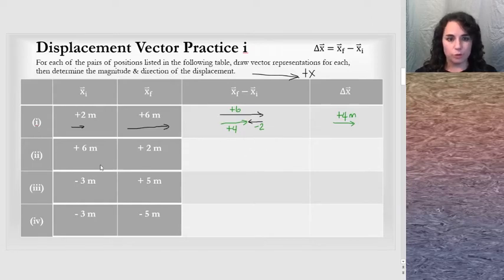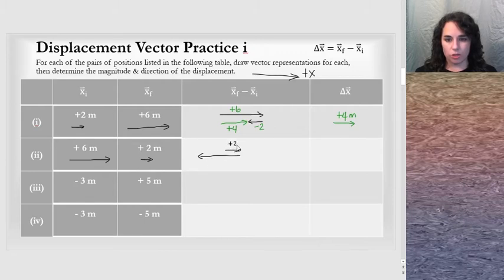Okay, so that's using vectors to do that. We're going to do some more practice here just to get used to it. I have a plus 6 vector and a plus 2 vector. I just rearrange those two. And it makes sense if I start at 6 and go backwards to 2, I should get a negative 4, right? This should make sense in some way. If I have a plus 2, I take the final one, and then I subtract off the initial one.